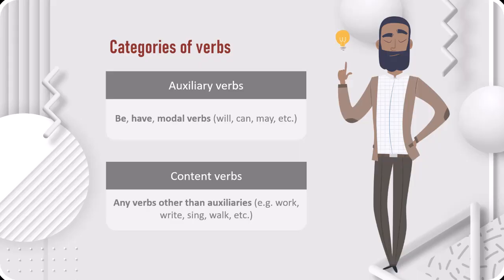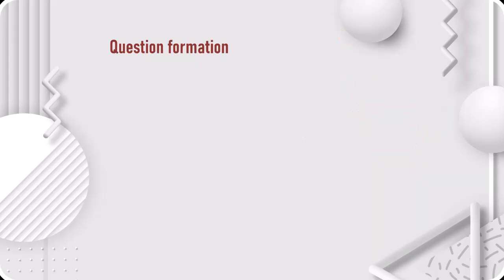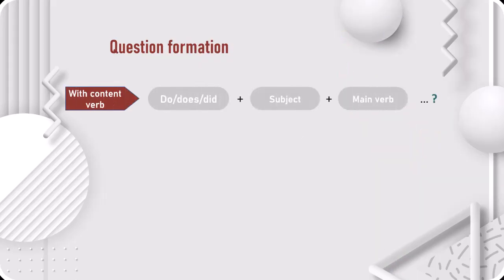The creation of interrogative sentences differs between sentences where we have auxiliaries and where we have content verbs. Let's go with the question formation first, starting with the sentence having a content verb.